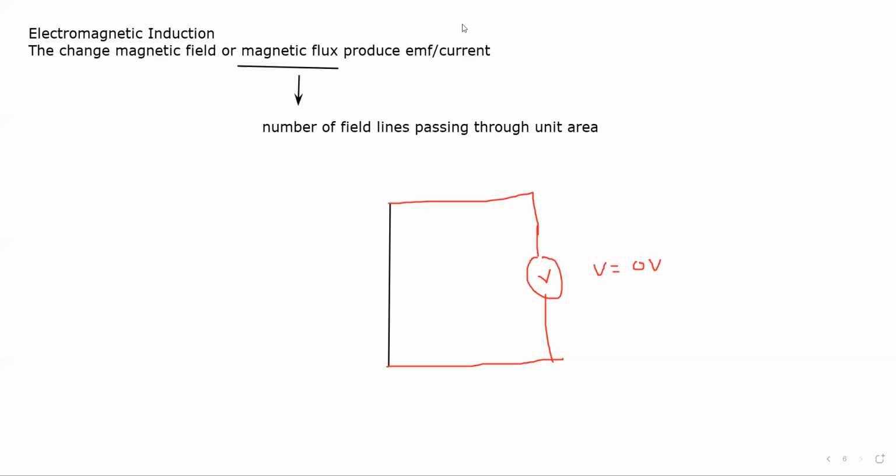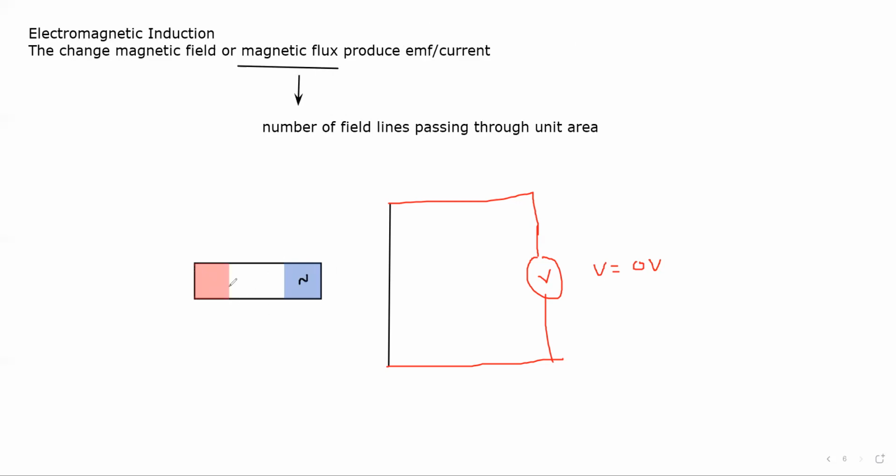Then I place a magnet next to this. The magnet will have two poles. One is the north pole and the other one is south. It does not matter which pole is facing the wire.